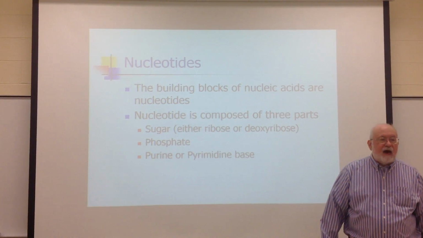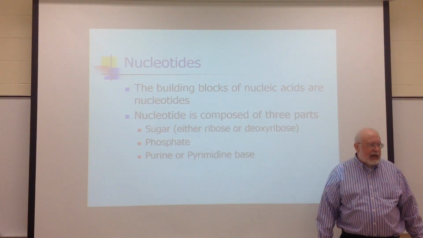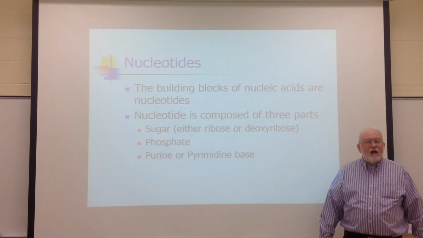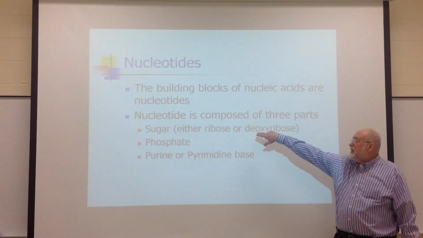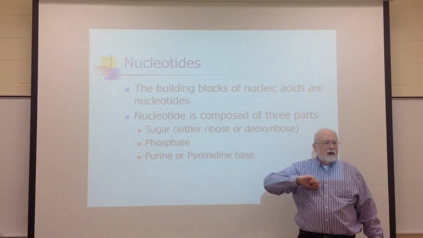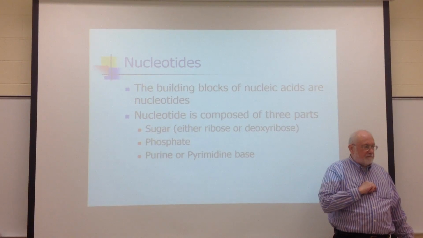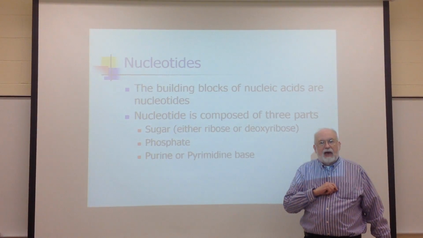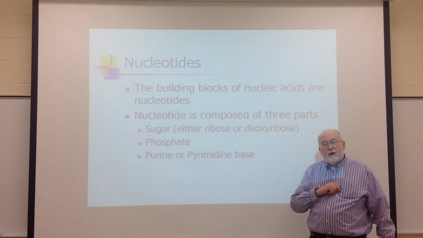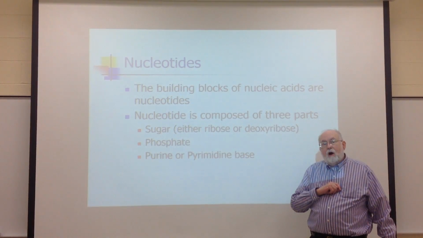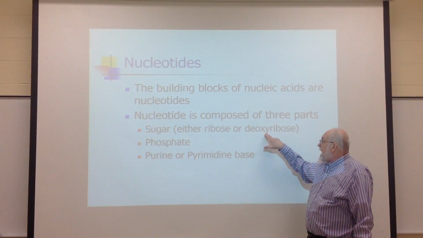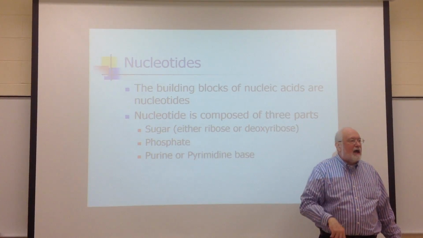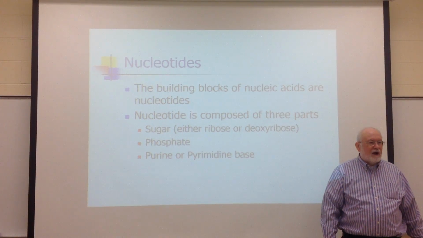If you're talking about ribonucleic acid, all of the nucleotides contain ribose as their sugar. If you're talking about DNA, or deoxyribonucleic acid, all the nucleotides contain deoxyribose as the sugar. All right?